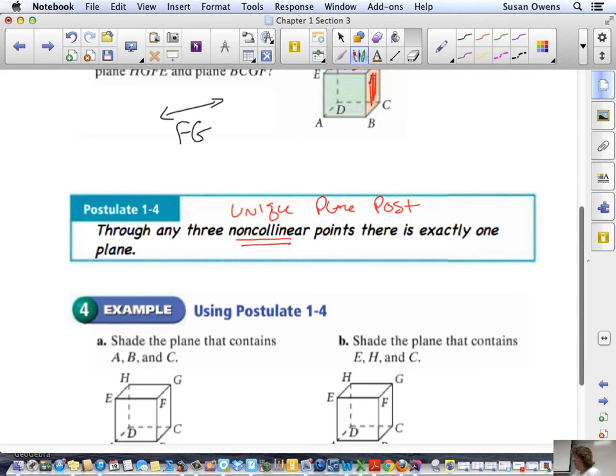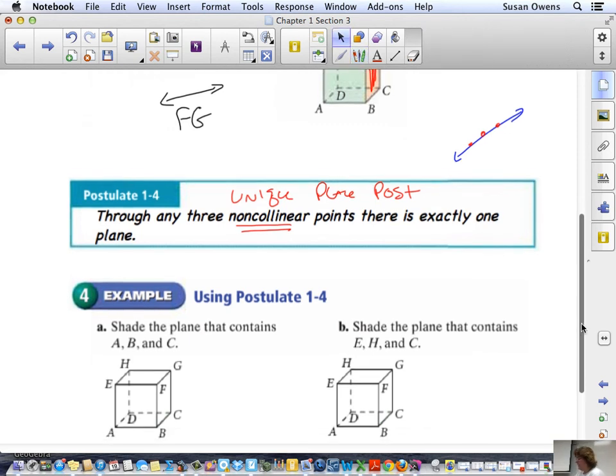If I make a line and put 3 points on it, then there's not a unique plane that goes through them. There's an infinite number of planes that go through those 3 points: the plane of the paper, the plane that would come out of the paper, anything that would intersect those. In the first few chapters, we have a lot of always, sometimes, never questions, and I'll take out words just to make sure that you know when it's unique, exactly, things like that.